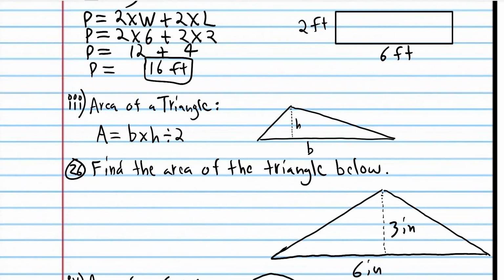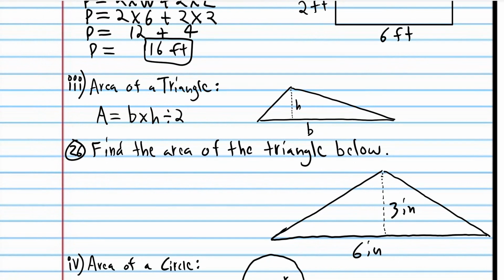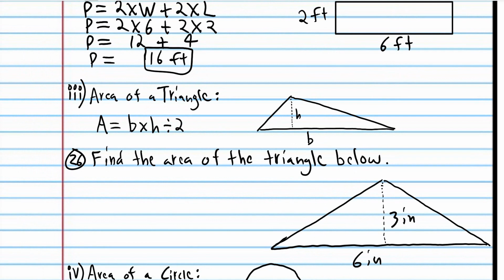All right, now we're going to find the area of a triangle. I want you to go ahead and do this problem also. Remember, the first step is to, well, first of all, let's talk about this formula a little bit because we haven't found the area of a triangle. I think we may have had one practice problem for this a ways back.